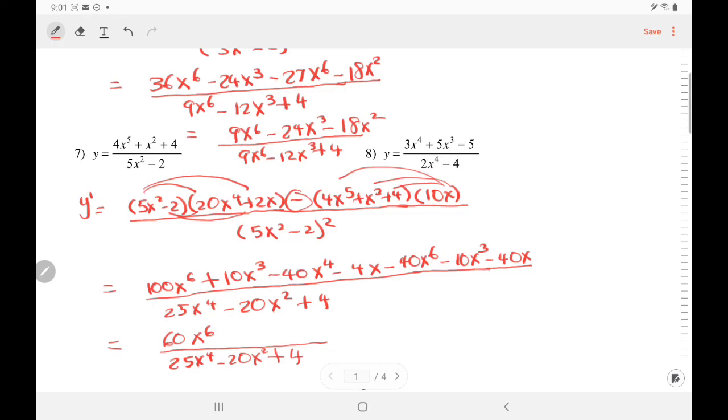So that's done. And you have minus 40x to the 4th. And the 10x cubed terms cancel. And I have negative 44x.